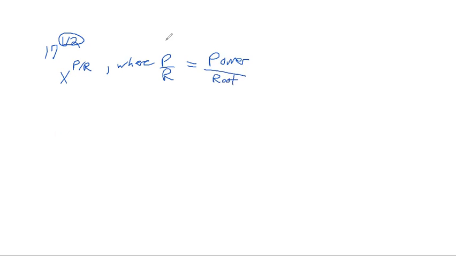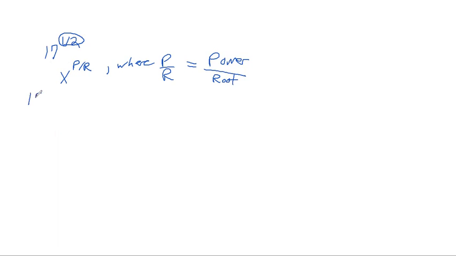a problem like this, where you have 17 to the 1/2 power, and you want to write it in radical form. Now, the exponent here is a rational exponent. Well, the way I always think of it is, suppose I have some number x, any real number x, and I have it raised to the p over r power, where p over r is the power divided by the root.